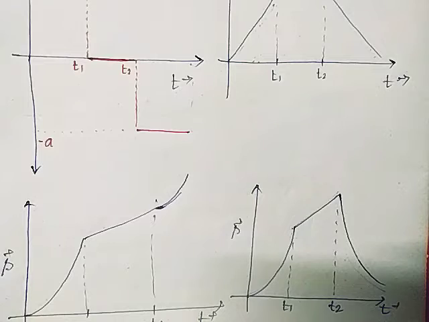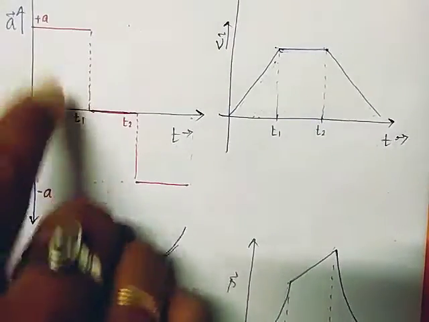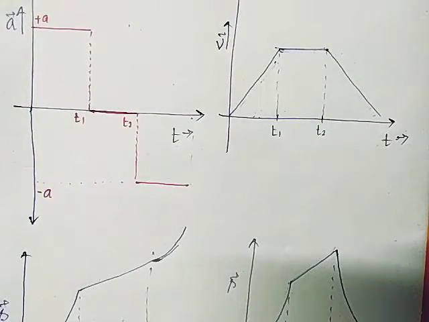how to get one graph from another graph, how the data of one graph is hidden in another graph. Just like the acceleration versus time graph basically talks about the slope of the velocity versus time graph. The data about the slope of the velocity versus time graph is hidden in this acceleration versus time graph.